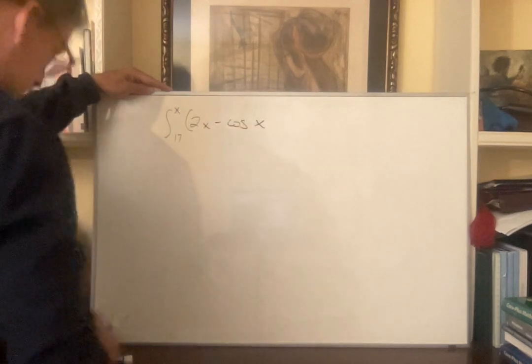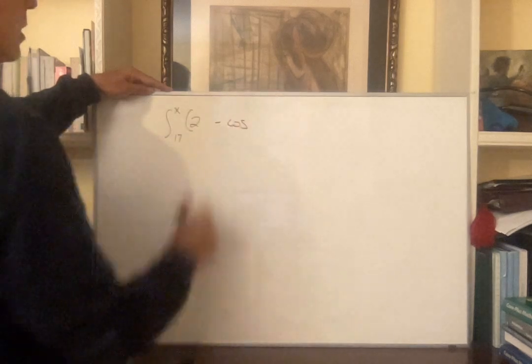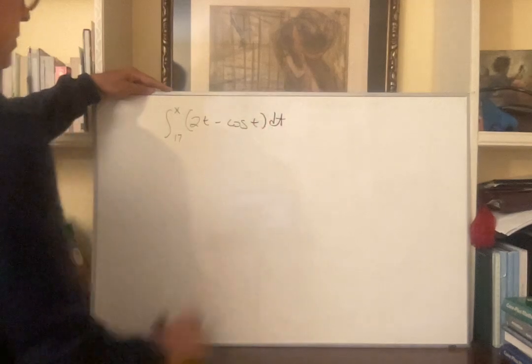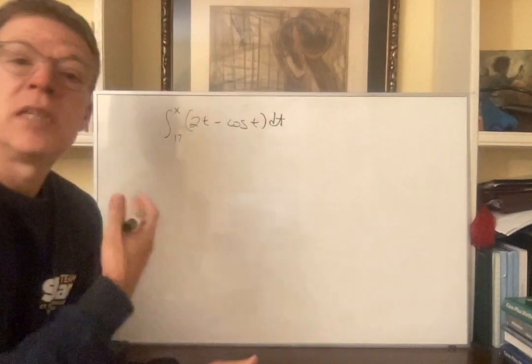Oh, that should be t's, shouldn't it? I shouldn't use the same variable. 2t cosine t dt.